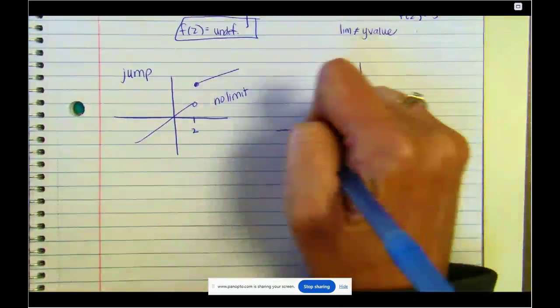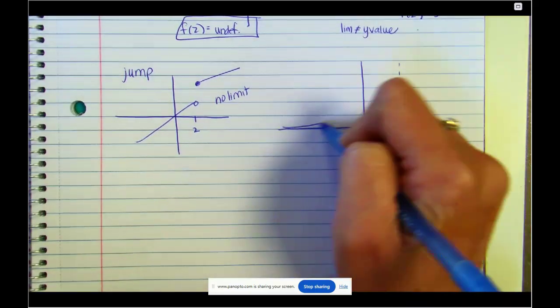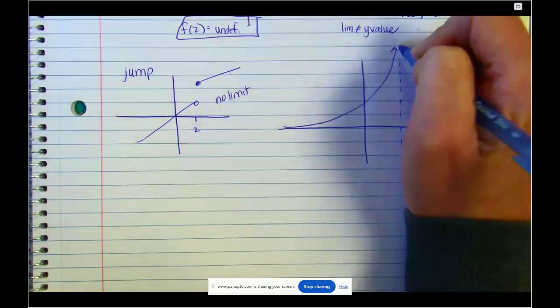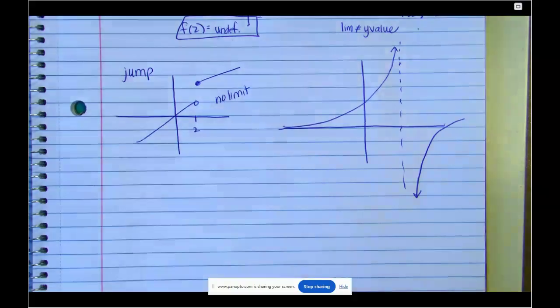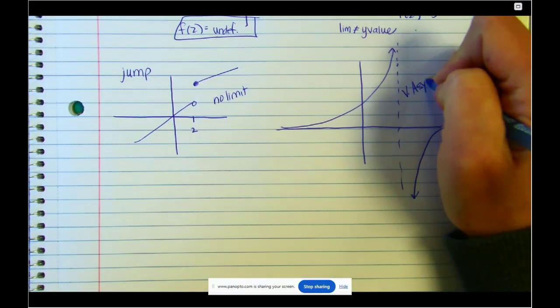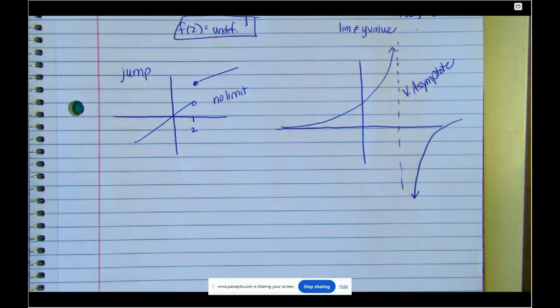Okay, last one, vertical asymptote. I'll draw this guy over here. Like that. Also not continuous. Why not?